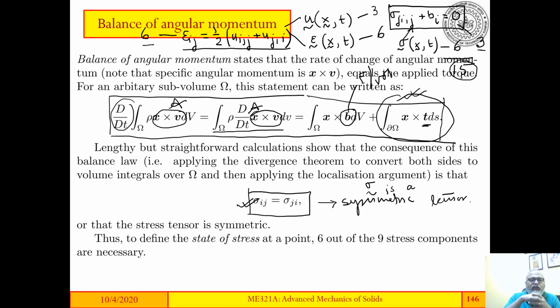The hint is this: so far we have used very general principles which are inviolable in some sense. So as soon as you make the assumption that your gradients of displacement are small, then the strain displacement relation is an inviolable geometric relation.